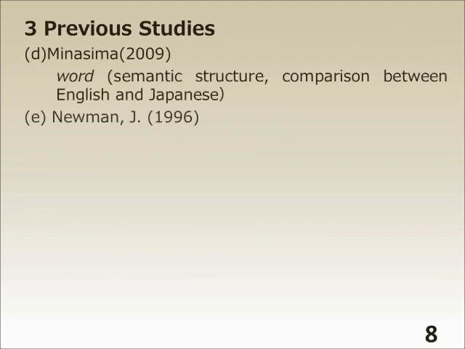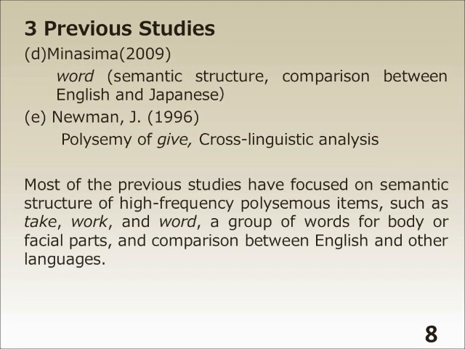The point here is most of the previous studies have focused on semantic structure of high-frequency polysemous items, such as take, work, and word, a group of words for body and facial parts, and a comparison between English and other languages.